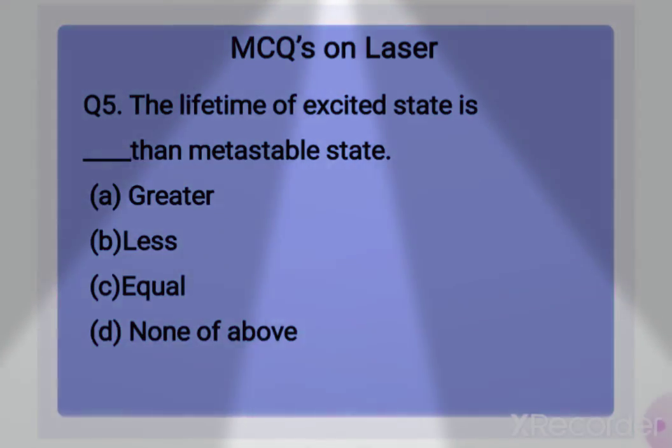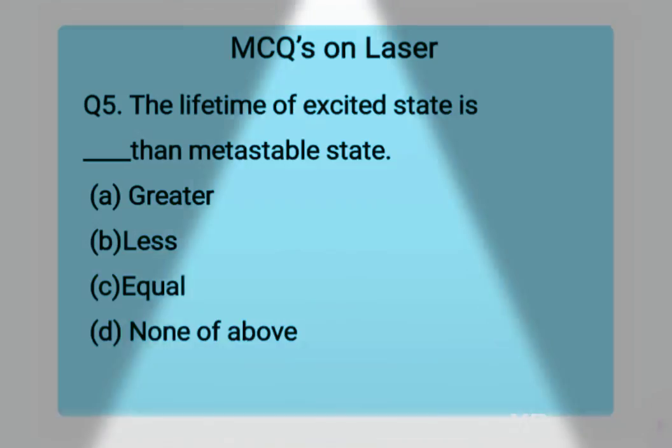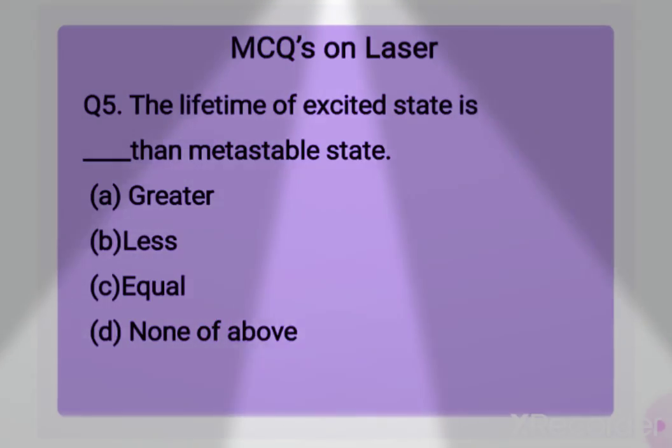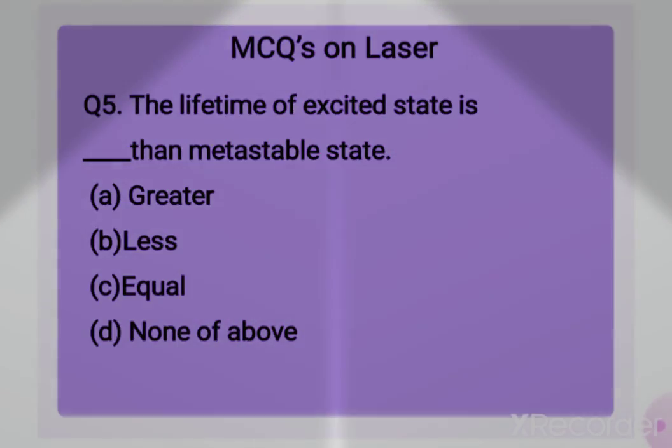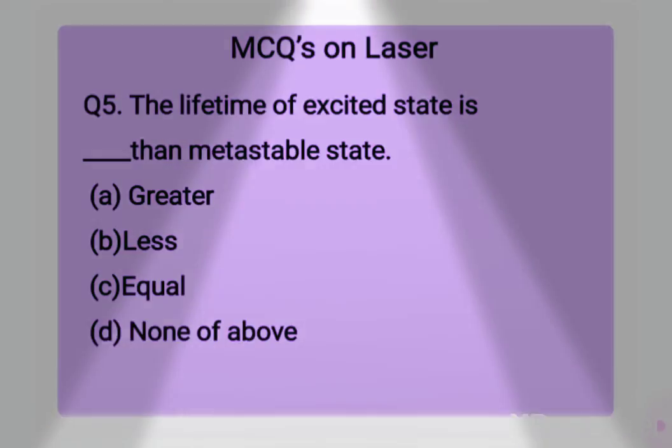So the lifetime of the excited state is less than the metastable state. Therefore the atoms get accumulated in the metastable state and laser light is emitted by stimulated emission of radiation. So option B is correct.